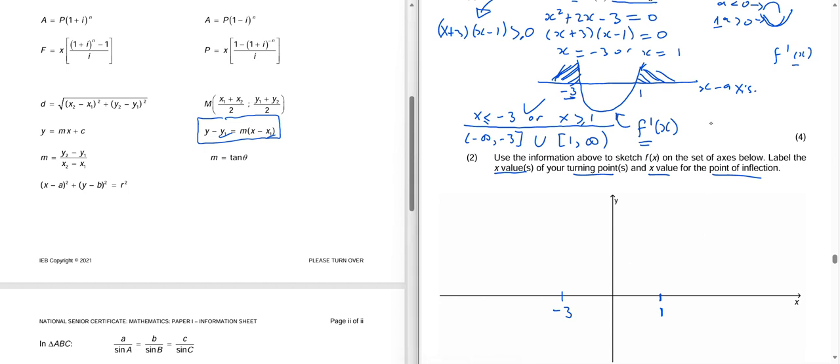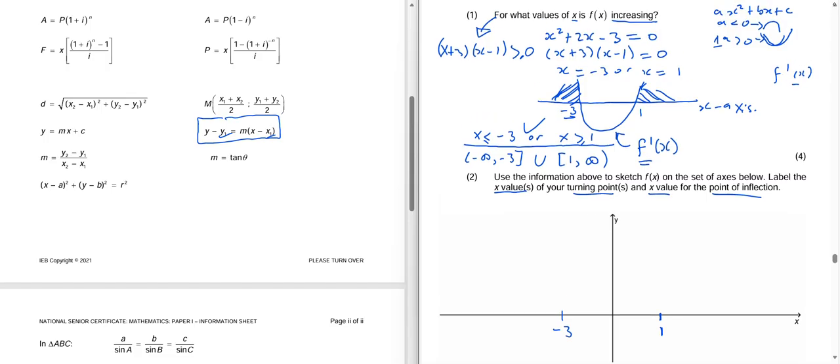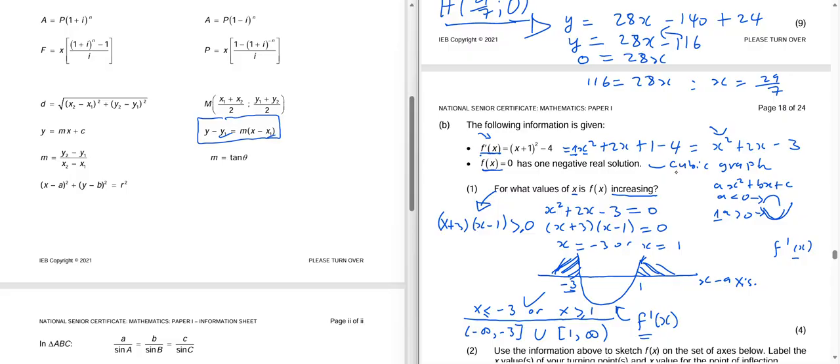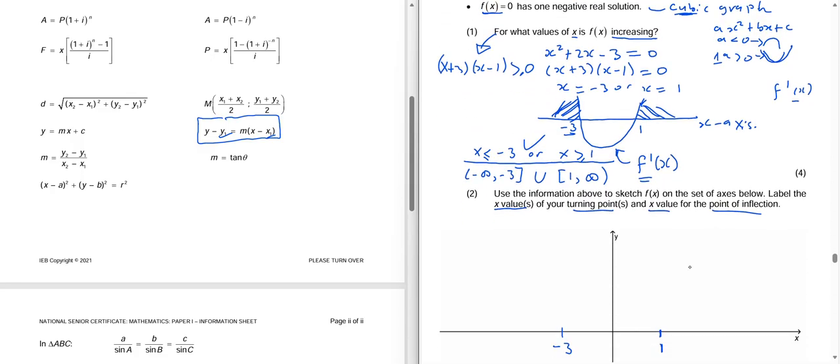Now we are not yet done. We need the general structure of the graph. Because the graph that we need to sketch here is supposed to be a cubic graph. So what is the standard structure of the cubic graph? We have f of x is equal to, maybe let's say, ax cubed plus bx squared plus cx plus d.